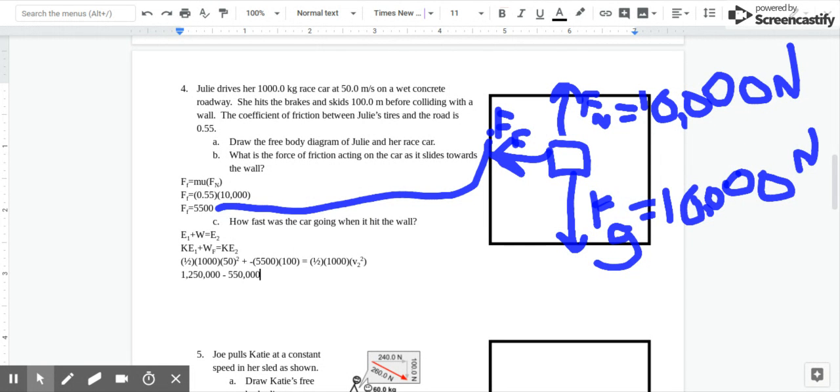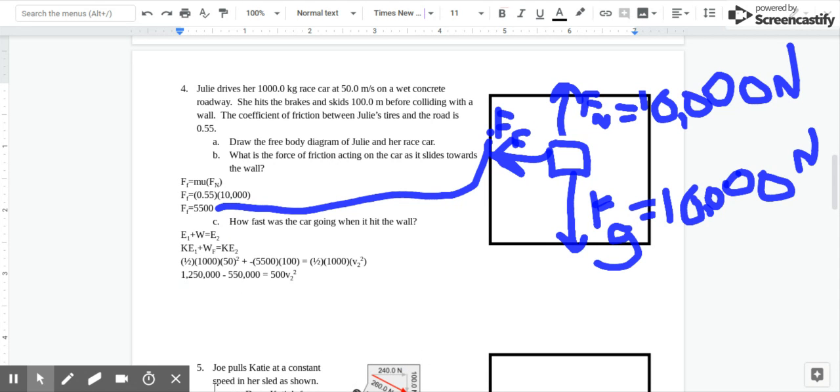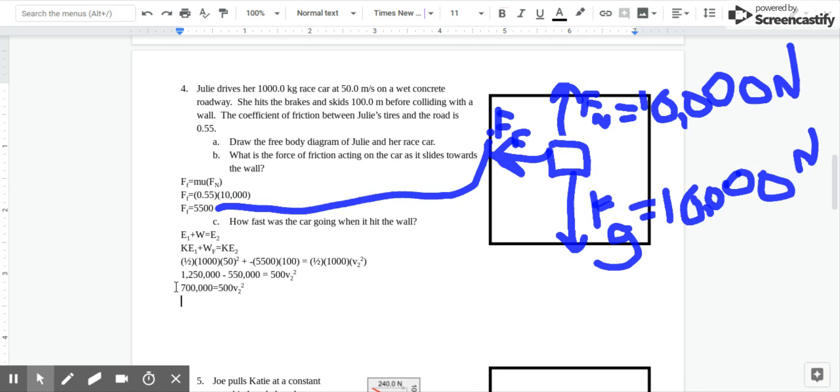And that's equal to 500 V2 squared. So we get 700,000 on this side, I think. That doesn't seem right, but whatever. Equals 500 V2 squared. I'm going to divide the 700,000 by 500 and I get 1,400. That seems right. So 1,400 equals V2 squared.